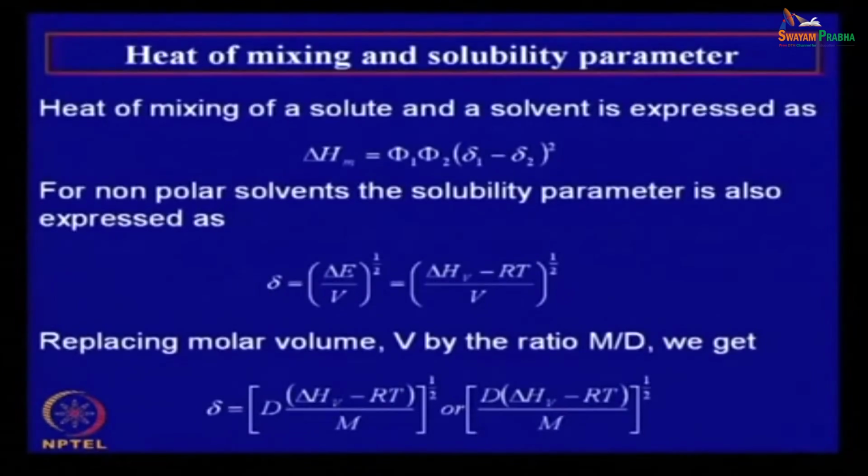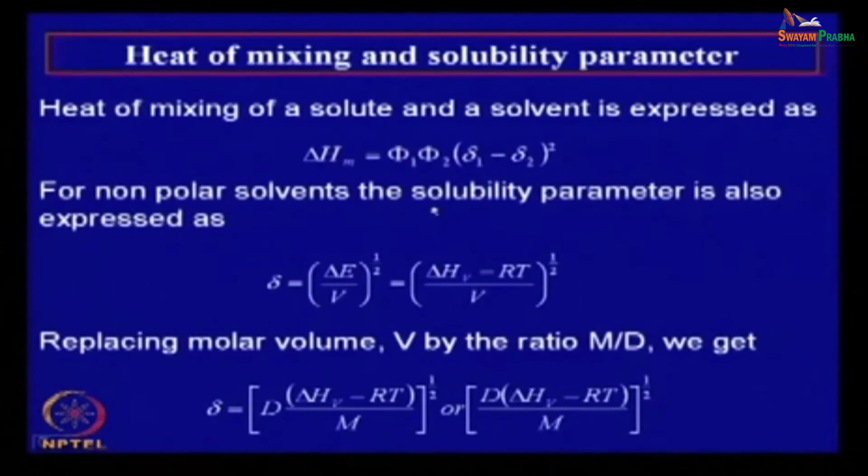If you consider 1 as the solute and 2 as the solvent, these are the volume fractions. And delta 1 and delta 2 are the solubility parameters of the two components, solute and the solvent. This can be two polymers also, polymer 1 and polymer 2.